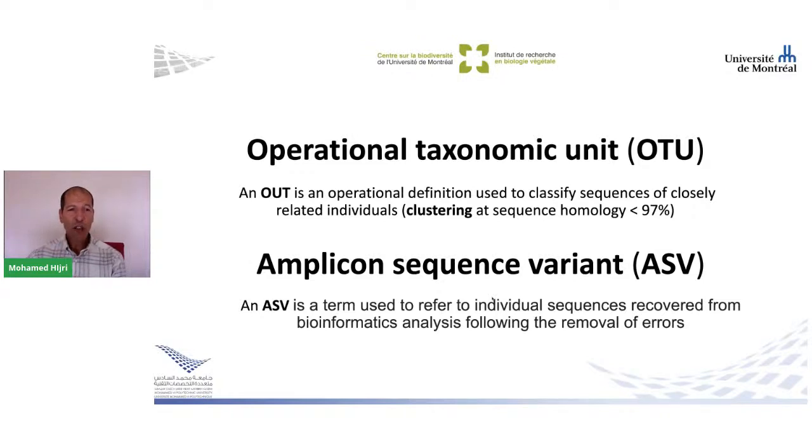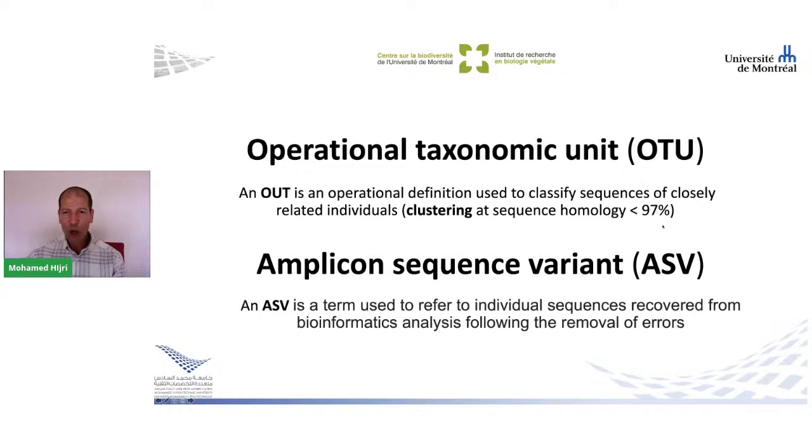What does that mean? An OTU is an operational definition used to classify sequences that you have obtained from conventional sequencing, but also from high throughput sequencing. Typically, we use a clustering method with sequence homology higher than 95%. Of course, this threshold might vary depending on the group, but this is really the standard. Sequence homology higher than 95% defines somehow what is likely a species if we compare with higher organisms.